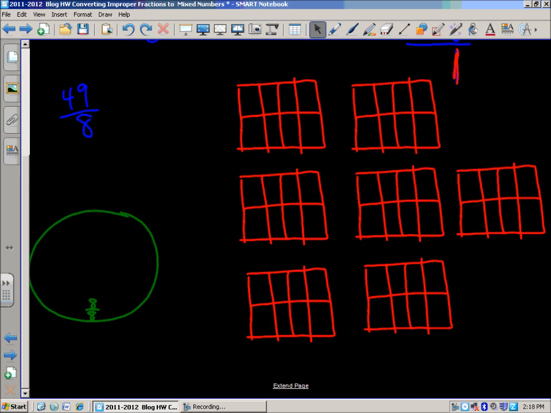So let's count these out. All right, let's just check them off as we go. We've got 1, 2, 3, 4, 5, 6, 7, 8, 9, 10, 11, 12, 13, 14, 15, 16 eighths. You could have done 8 times 2 is 16. That's fine.